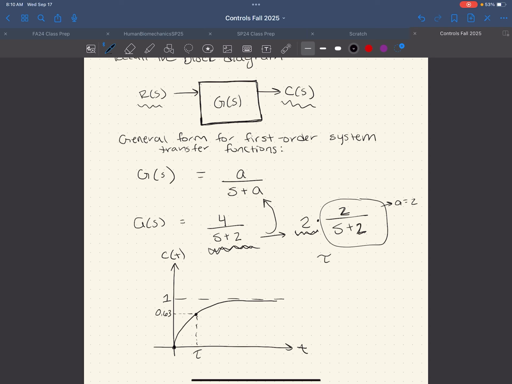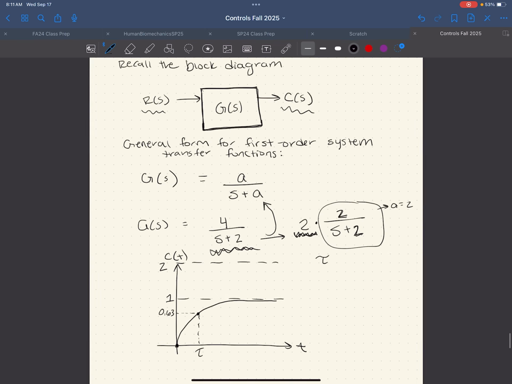And we said, okay, what happens if you multiply by this 2? Well, we still reach 63% of our total response by time tau, same time constant, but our amplitude is twice what it used to be.